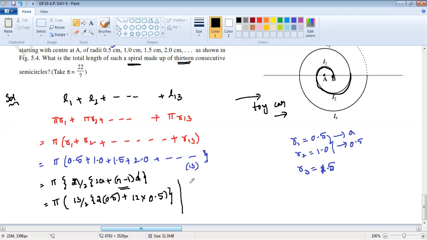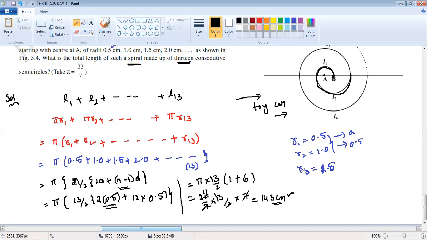That is pi into 13 by 2 into 1 plus 6, which is 7. Taking pi as 22 by 7, the 7s cancel, 2 elevens are 22, so 11 into 13, totally 143 centimeters.